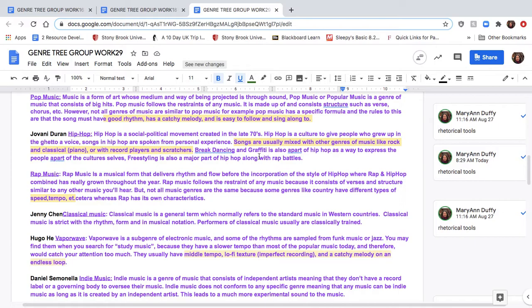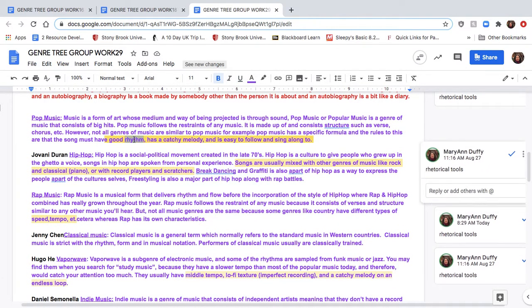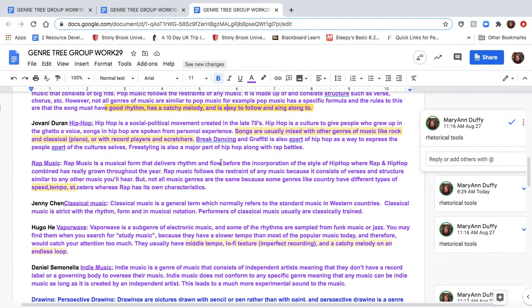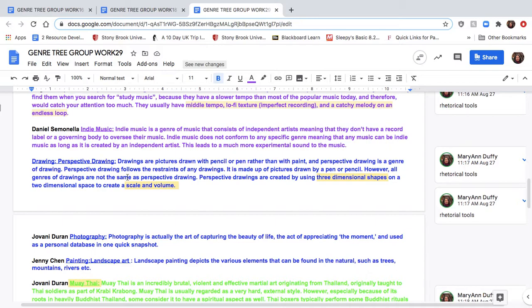What are some of the rhetorical tools that pop music requires? Good rhythm, a catchy melody, easy to follow and sing along to. Those are all rhetorical tools for pop music. Drawing includes, you have to have some sort of scale and volume.